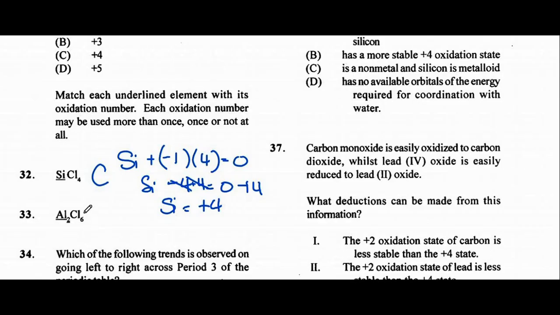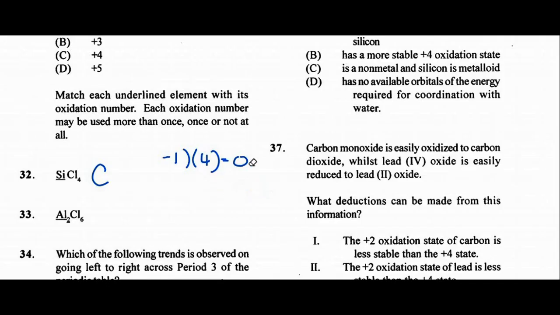Now, aluminum, it's in group 3, so it generally has an oxidation state of +3, but let's work it out and show you that it's really that. Let me erase these to get more space.